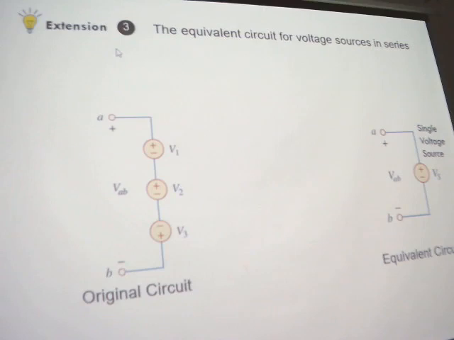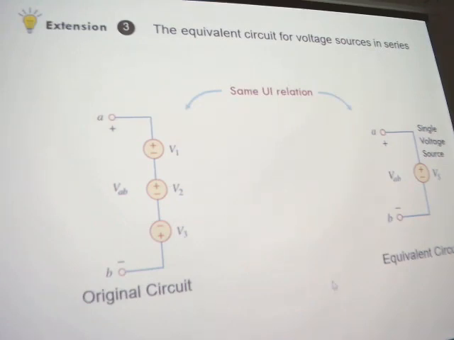Okay, the third extension, the equivalent circuit for voltage sources in series. Please look at this figure. This figure is the original circuit of voltage sources in series. Okay, this one is its equivalent circuit.